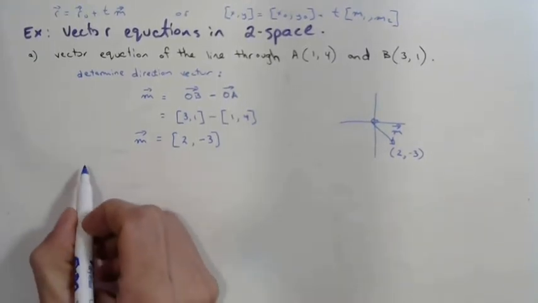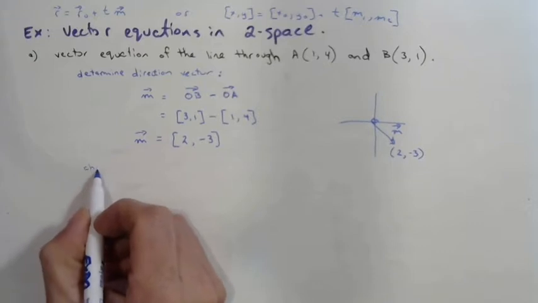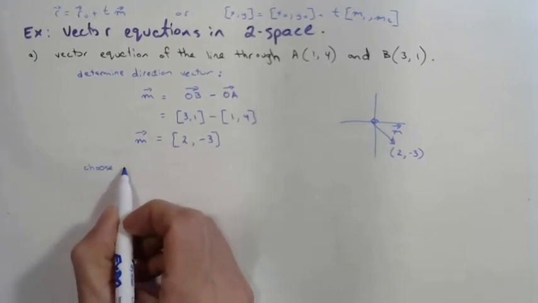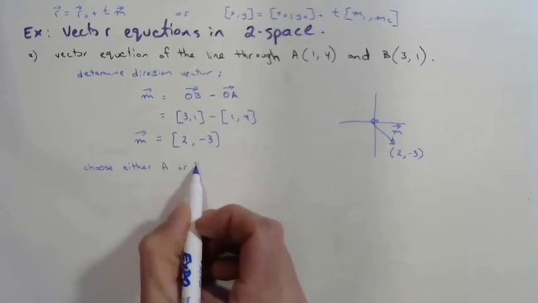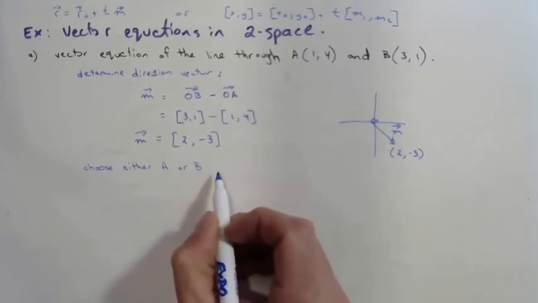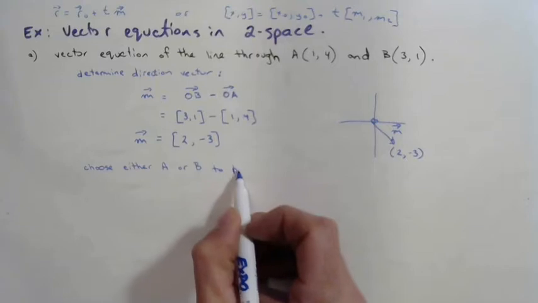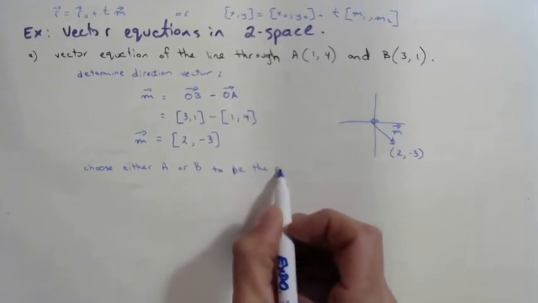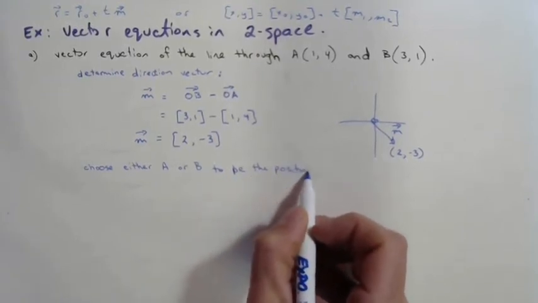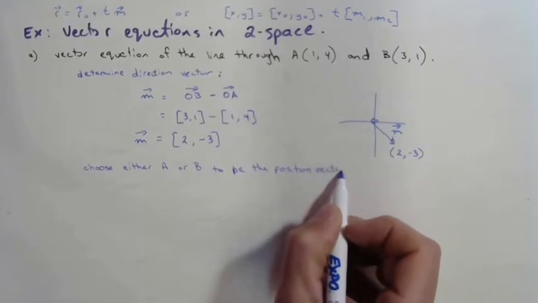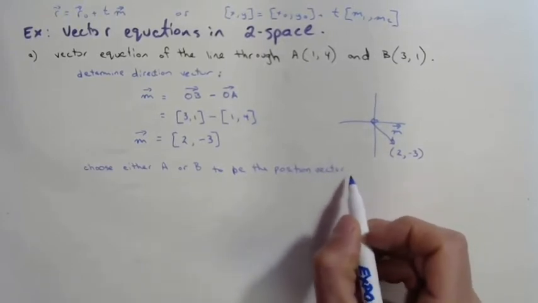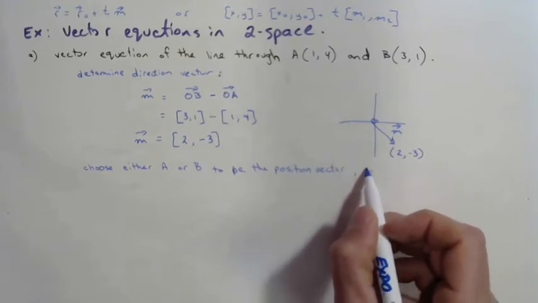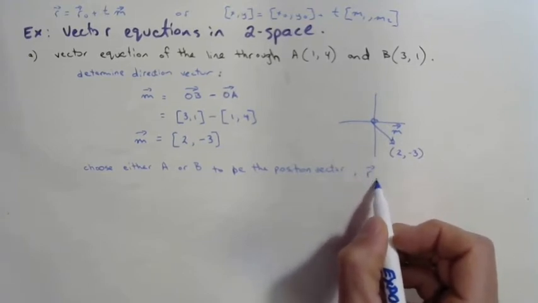But where is it? I'm going to choose either A or B to be the position vector r naught.